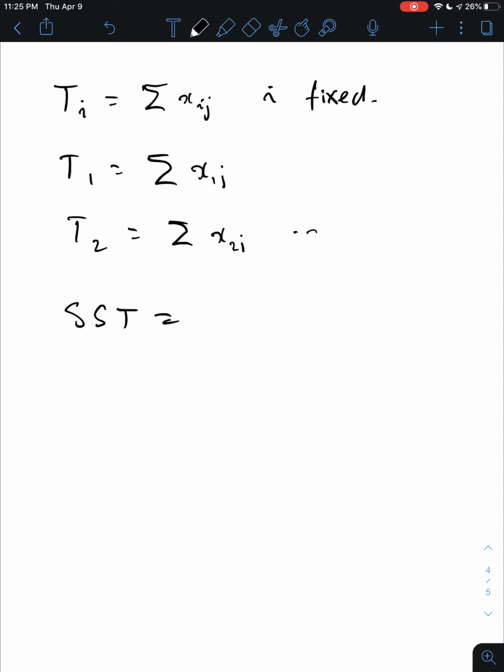Again, this is really basically the same as a computing formula, and that is the sum over all of the subtotals squared, divide that by the size, and then we have to throw in that CM, correction for the mean. And this is just algebra.